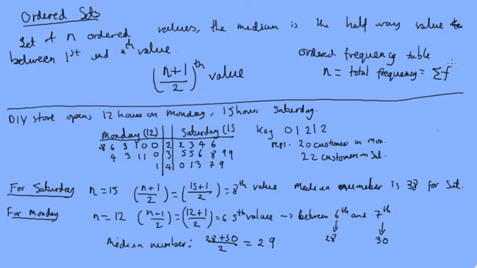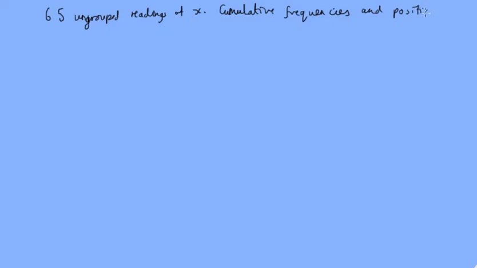Let's look at an example of this. So we've got 65 ungrouped readings of x. The cumulative frequencies and positions are shown in this following table.